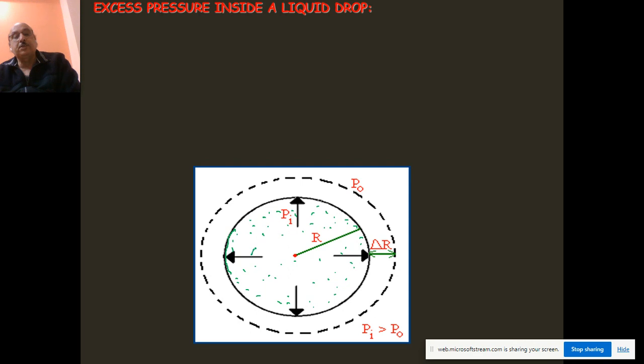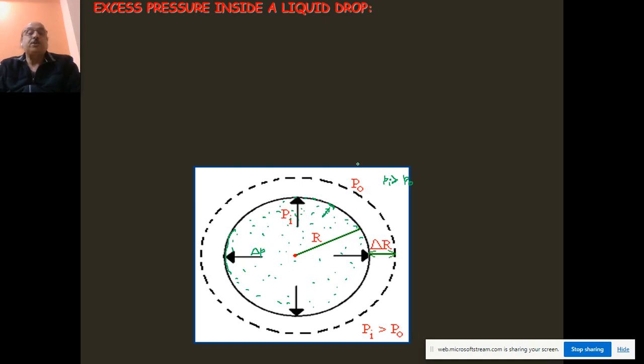Hence, this is the excess pressure. It means the pressure applied from inside will be more than the pressure applied from the outside. Here, Pi is more than Po. That's why the liquid will make the concave surface. If we see from the liquid side, here is the concave surface.